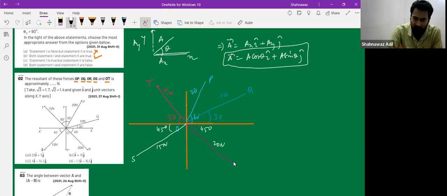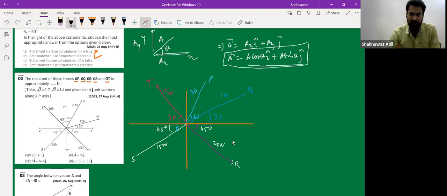So first we need to break all these in the universal unit vector form, because the answer is in the universal unit vector form. Then that would be easy.